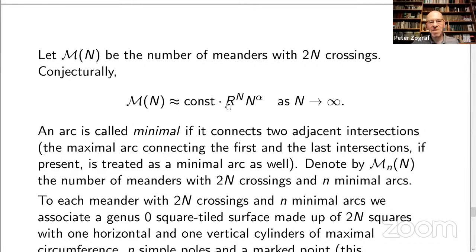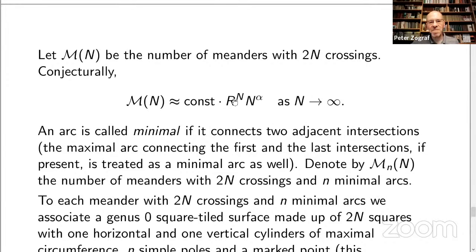But there is a plausible prediction for the power alpha that comes from interpreting the meanders as a conformal field theory, due to Di Francesco and co-authors. But there is no guess, even on the conjectural level, what this number R is.